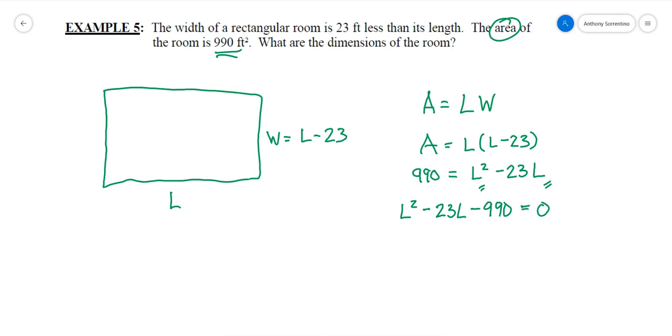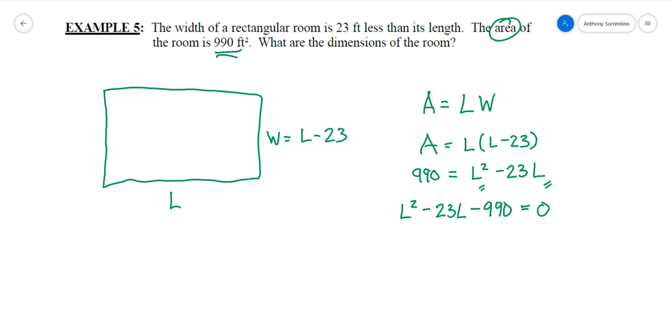If I also chose to use factoring, and I would expect to get some sort of rational solution from this under most circumstances, I could even try factoring if I want to. But 990 has a lot of different factors, and it would take me a little while to figure out which combination would give me a negative 23. So I may not want to go that route.